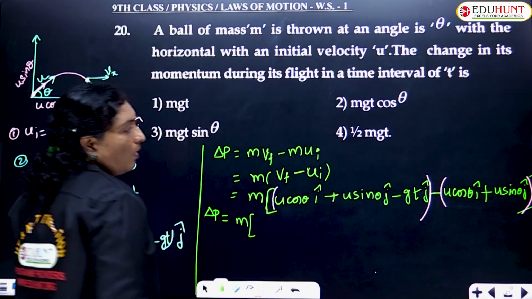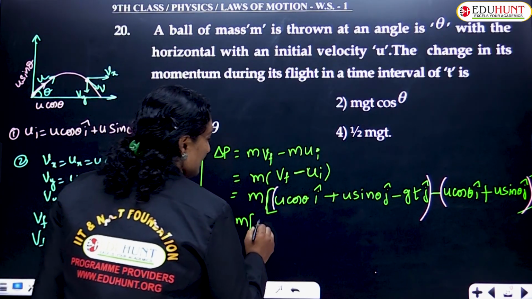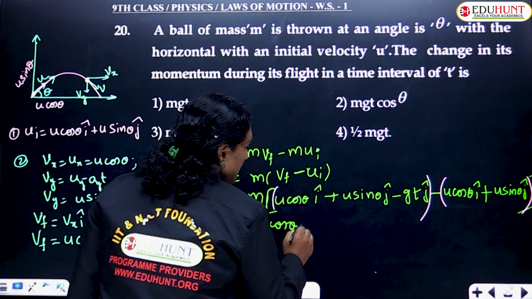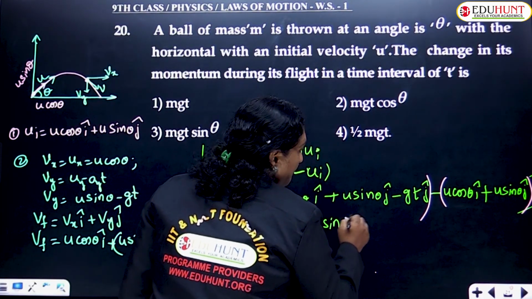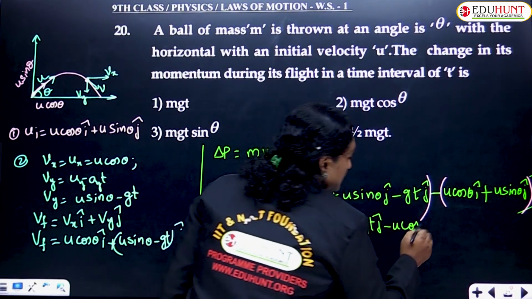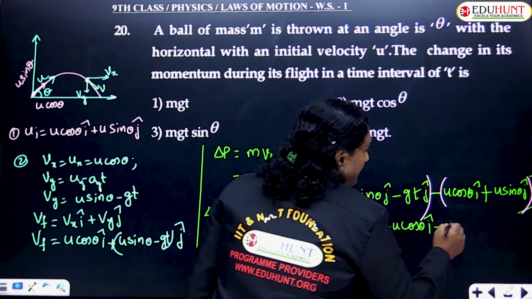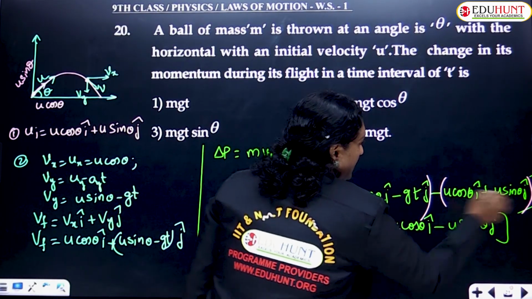If you remove all the brackets, then how much will it be? u cos theta i cap plus u sin theta j cap minus gt j cap minus u cos theta i cap minus u sin theta j cap, the minus I took inside.